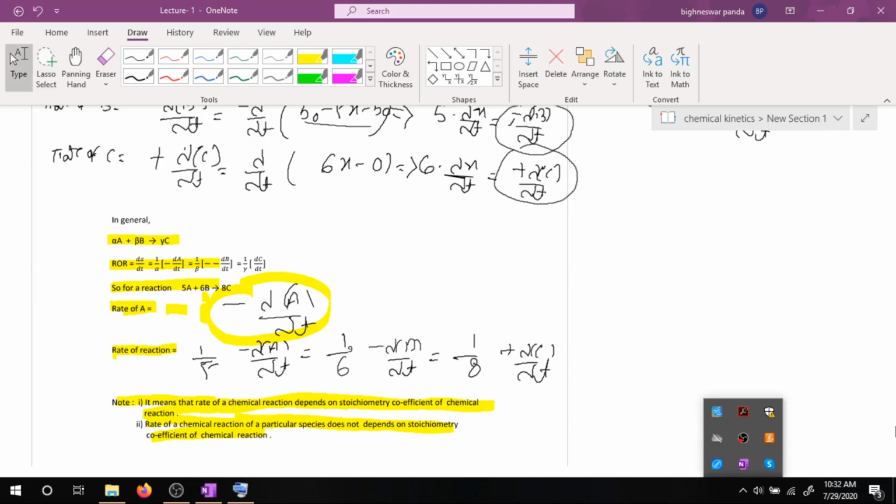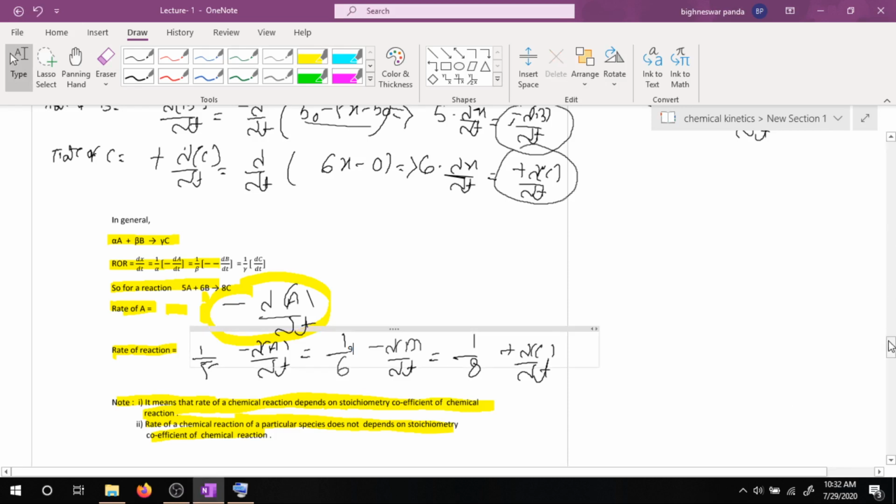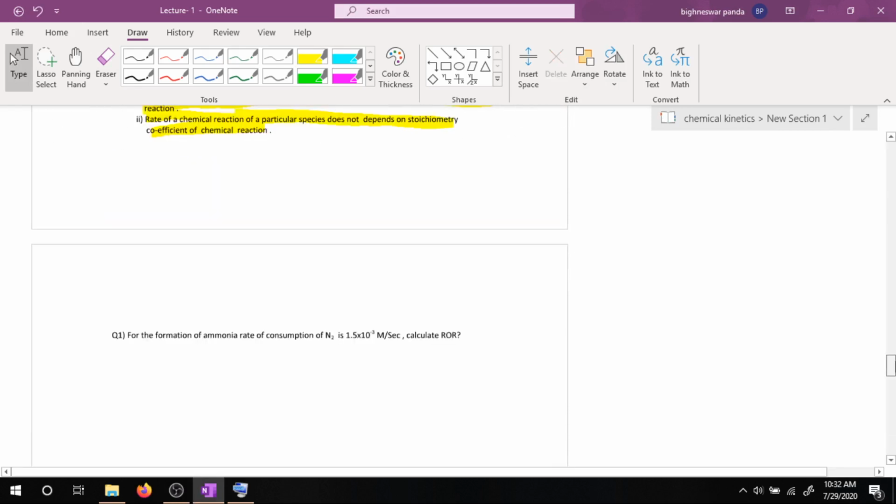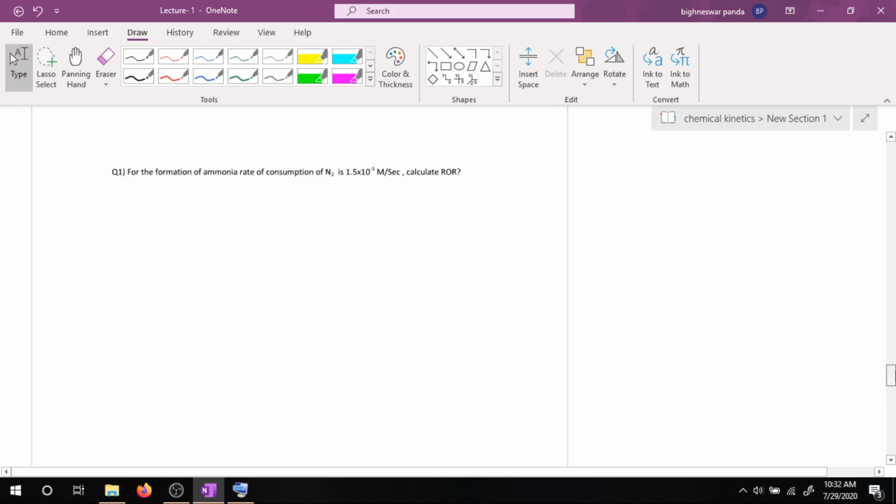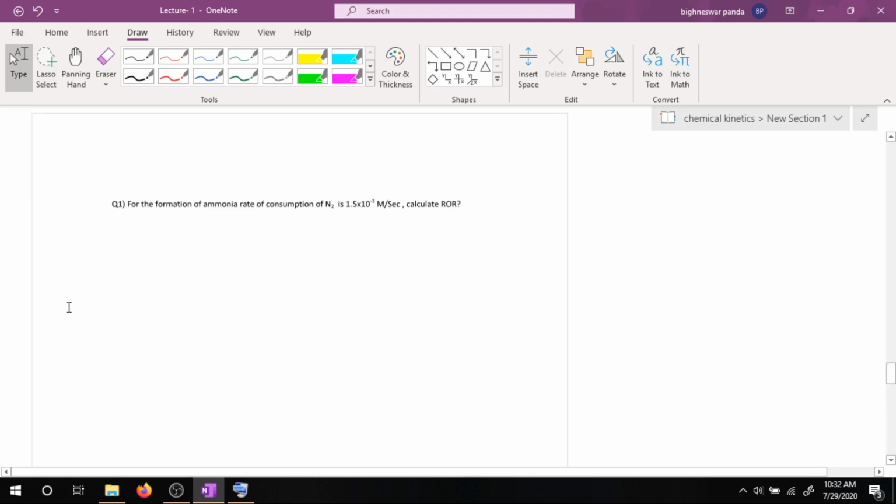So here we are going to solve a problem regarding rate of reaction. Read the question.